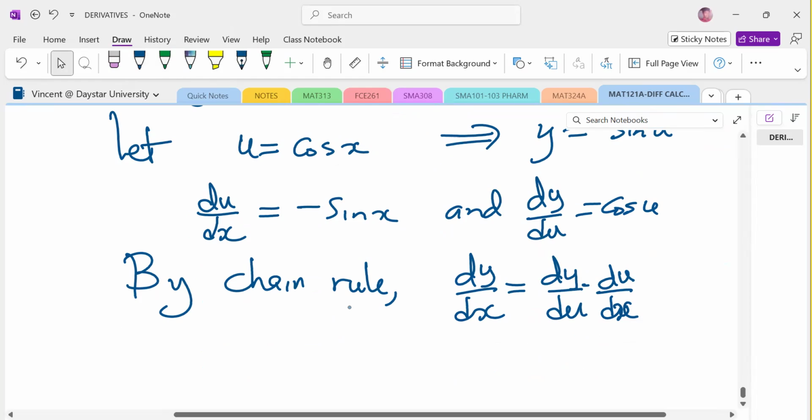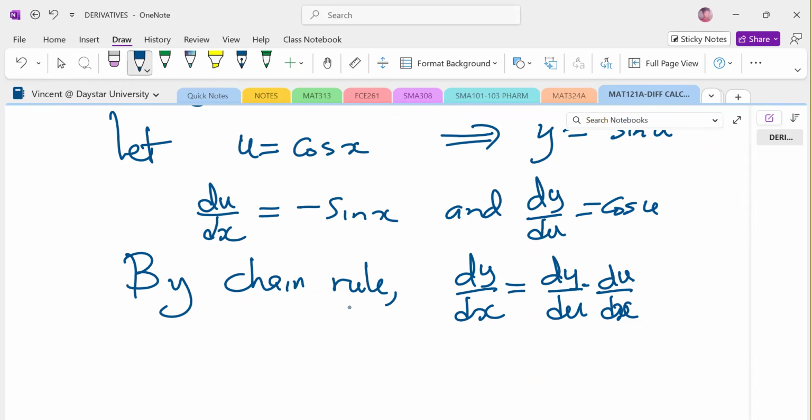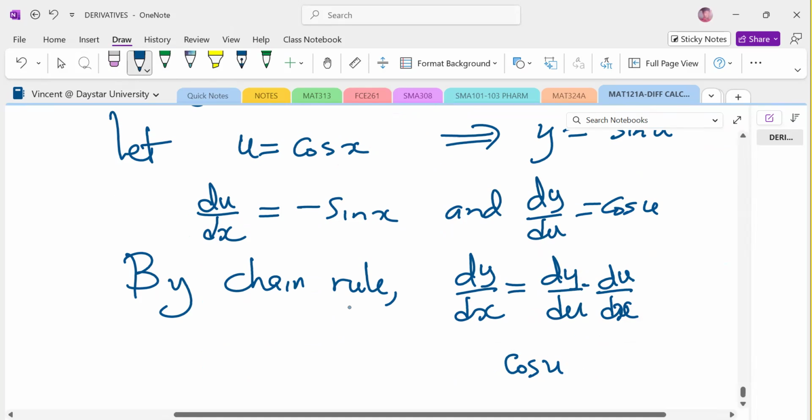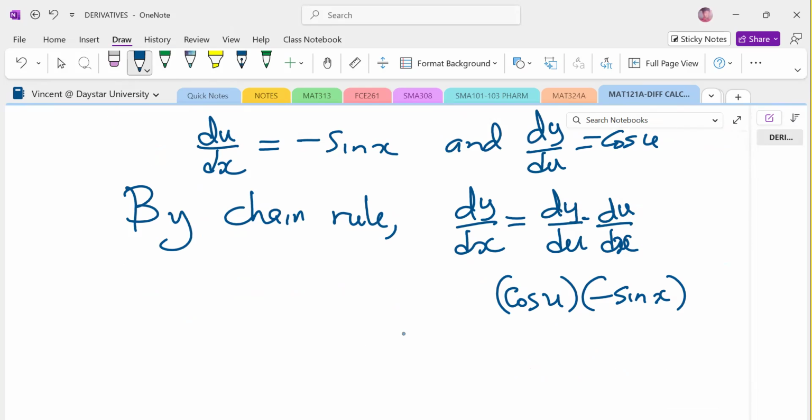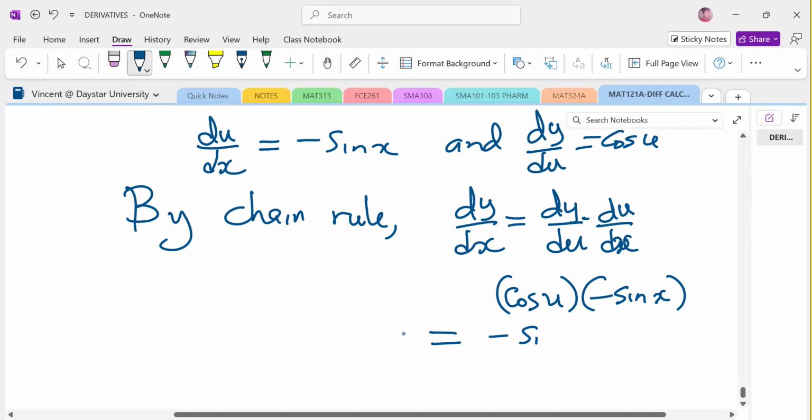So dy du is cosine of u. du dx is negative sine x. So which you can write this one as negative sine x cosine of u.